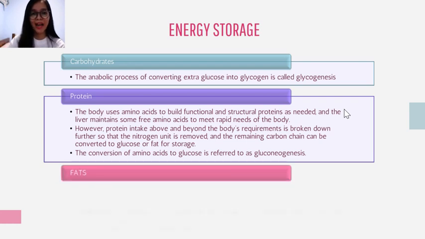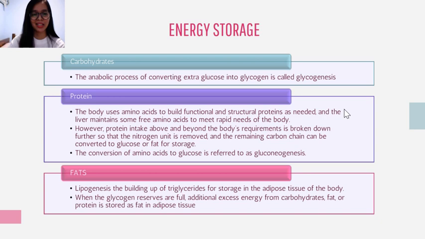And for your fats, lipogenesis is the term. It's the building up of triglycerides for storage in adipose tissue of the body. When glycogen reserves are full, additional energy from carbohydrates, fat, or protein is stored as fat in adipose tissue.